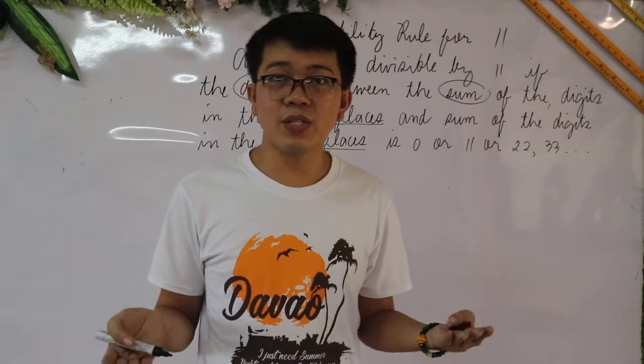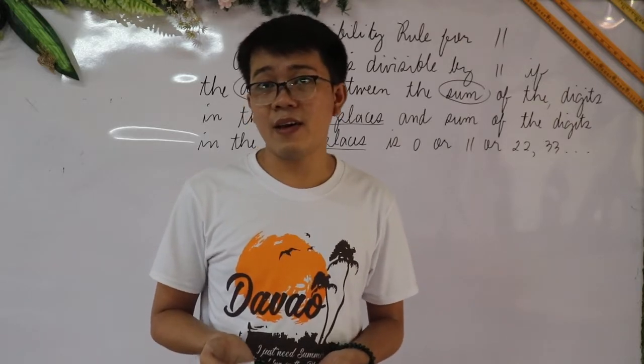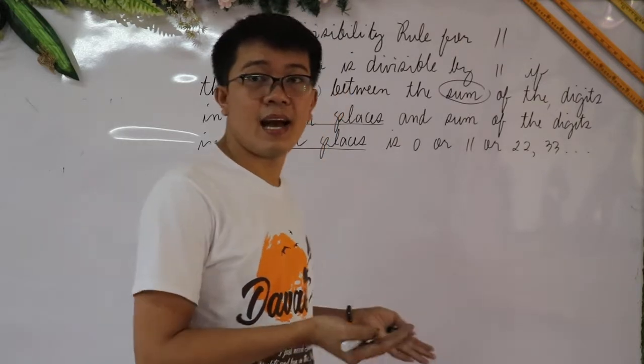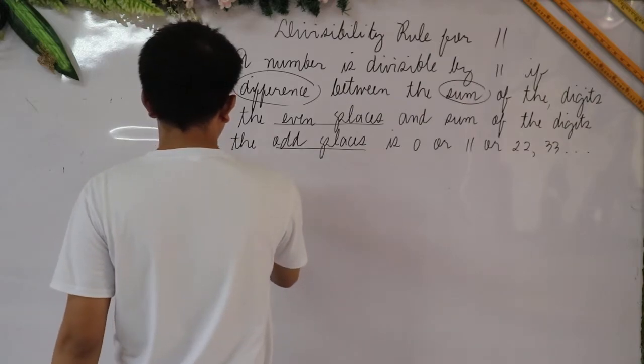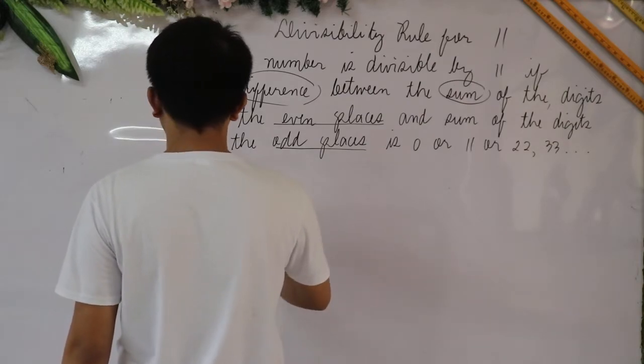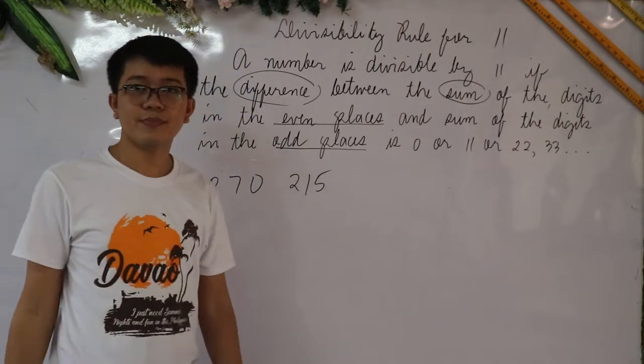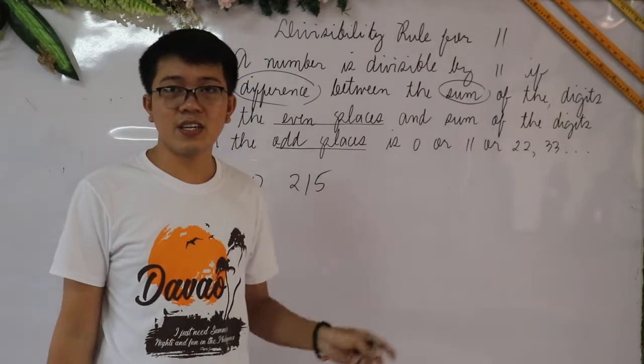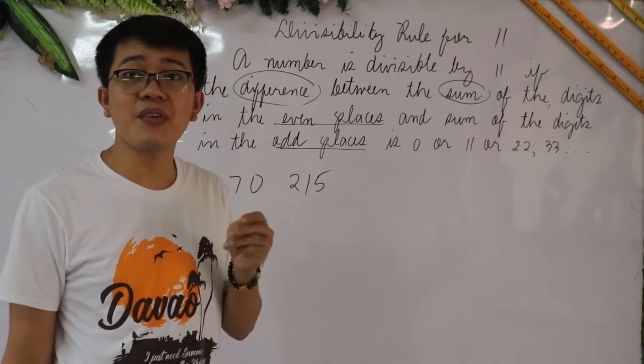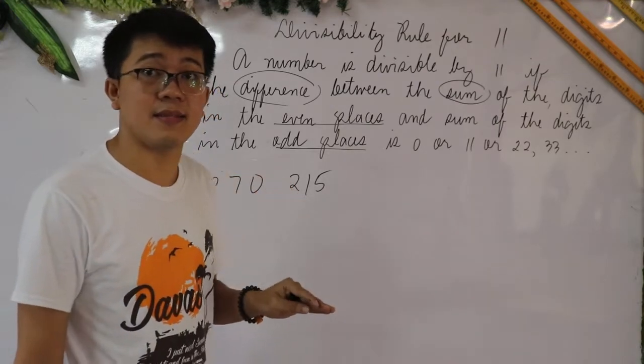Now for you to understand more about divisibility rule number 11, let me give you this example. I have here 270,250. Now following the conditions here, first we're going to check what are those digits in the odd places.